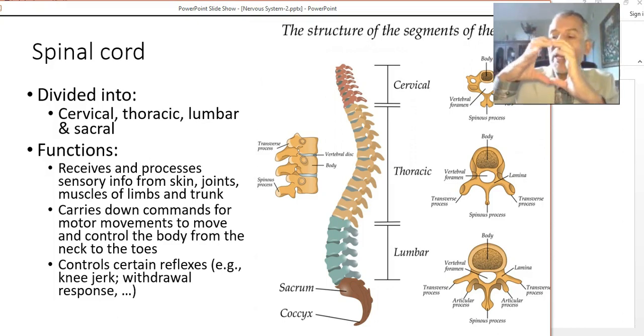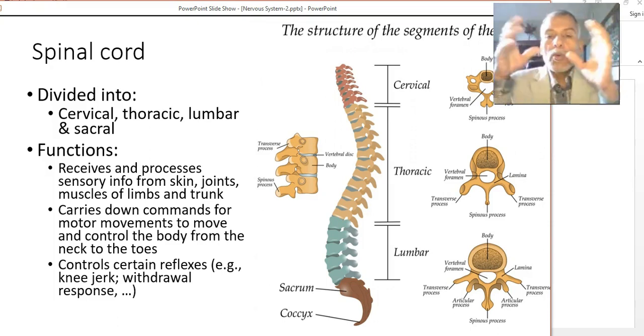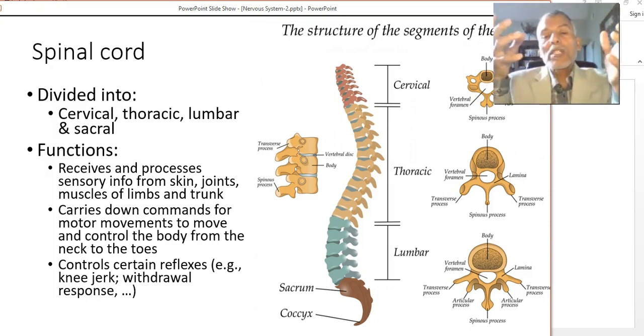That big cable has inside of it a small wire that connects to every class, every bathroom, every location in the building. So the spinal cord is just like that.